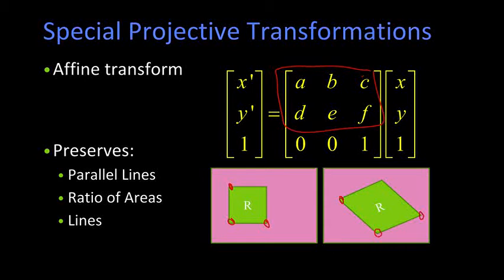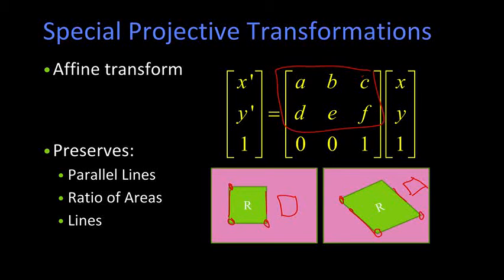You're essentially now able to translate, rotate, scale, and skew the image. There's skew in both directions, so there are 6 degrees of freedom. You still maintain parallel lines, so the edges of this square become the edges of a parallelogram. And ratios of areas remain the same. So if I had one area here that was half the size of the area to the left, then its transformation would be half the size over here. But the area itself can change through scaling. And again, lines are mapped to lines.